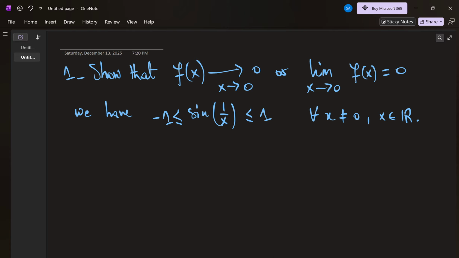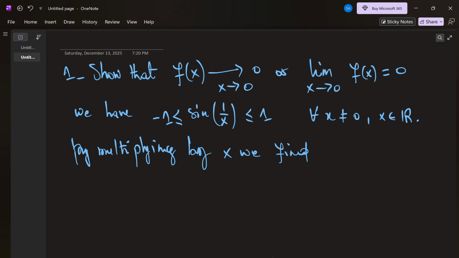Now by multiplying by x, we find that minus x is less than x times sine 1 over x, which is less than or equal to 1 times x.